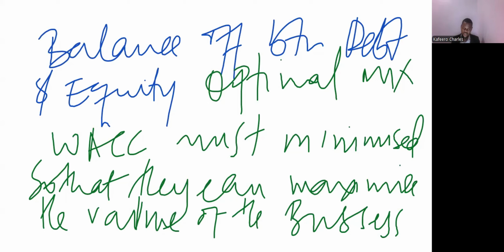So the traditionalists conclude by saying that the optimal capital structure will occur where we have the marginal cost of debt being equal to the marginal cost of equity.